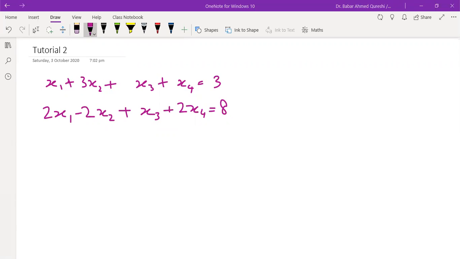3x1 plus x2 plus 2x3 minus x4 is equal to minus 1.